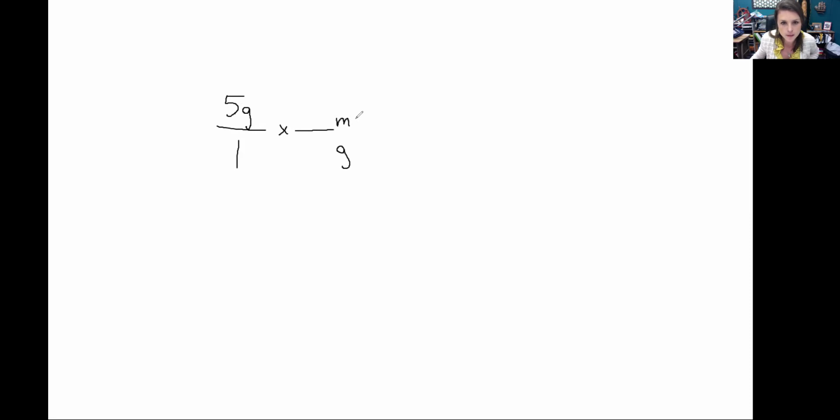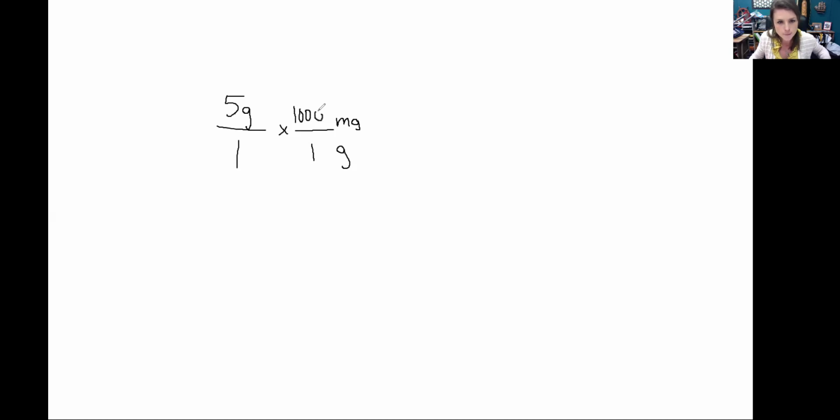So I need to go find my conversion factor. Now I'm going to see if I can find milligrams to grams, but if not, I can go from grams to milligrams. So if I go to the back of my book, this is the metric system. So 1 gram equals 1,000 milligrams.